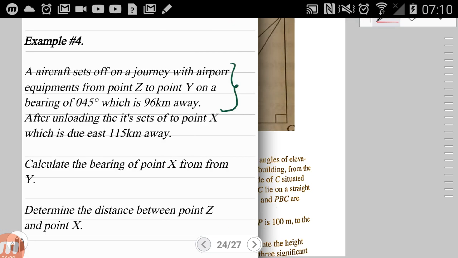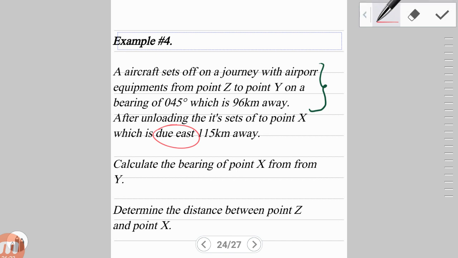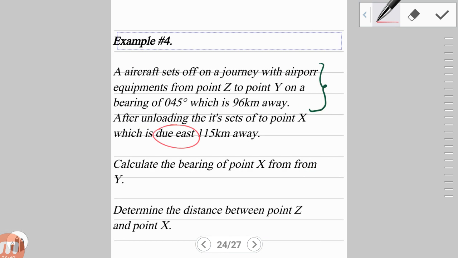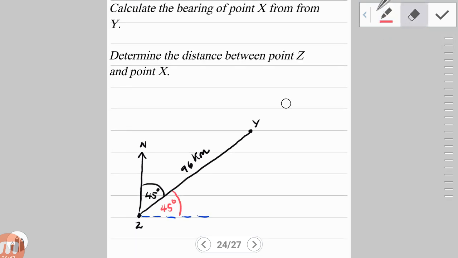So we had spoken about this whole aspect of an object traveling due east, due north, due south, due west. And when you see that word due, it simply means that the object is traveling at exactly 90 degrees from its current location. So this here would have been, perhaps say here, Y. And the object is going to be, obviously, let's indicate our north line here.